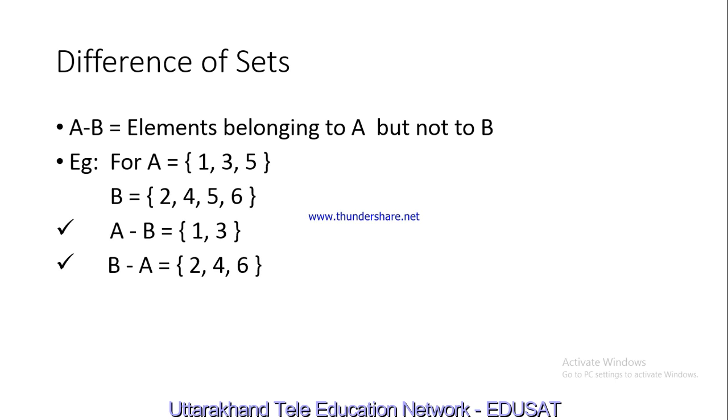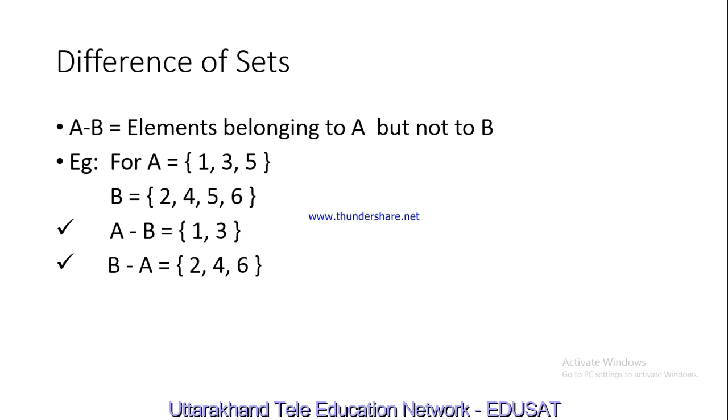Now let us find out the value of B minus A. What will be B minus A? B minus A should have those elements of B which don't belong to A, which are not also found in A. Now have a look at B. B has got 2, 4, 5 and 6.